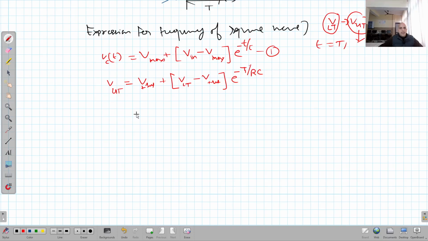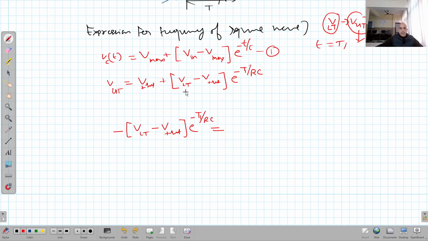Now I can modify this equation. It will become minus (V lower threshold minus V plus saturation) into e raised to power minus t1 upon RC is equal to V upper threshold minus V plus saturation. I made a mistake.